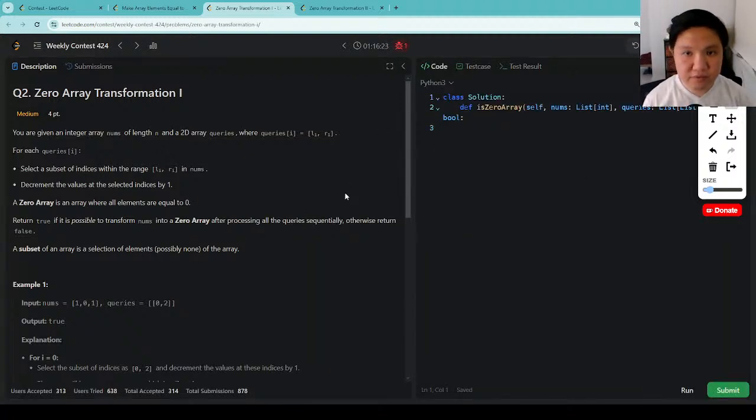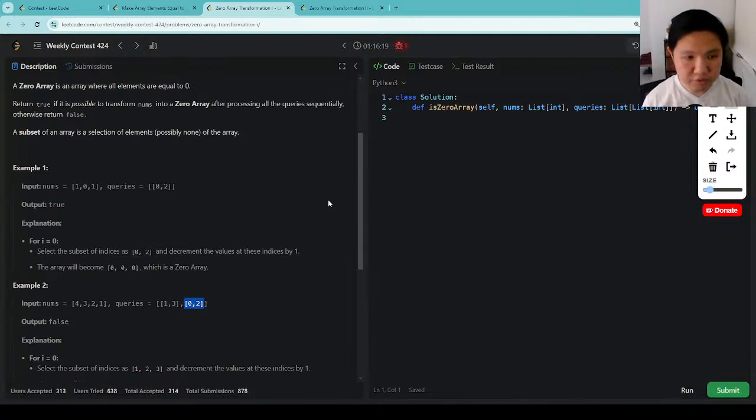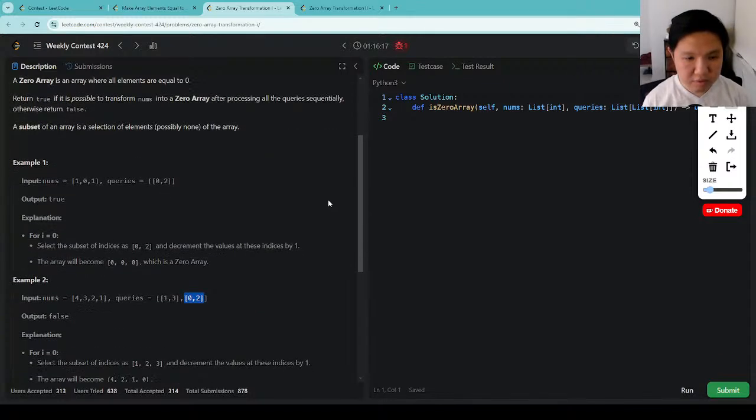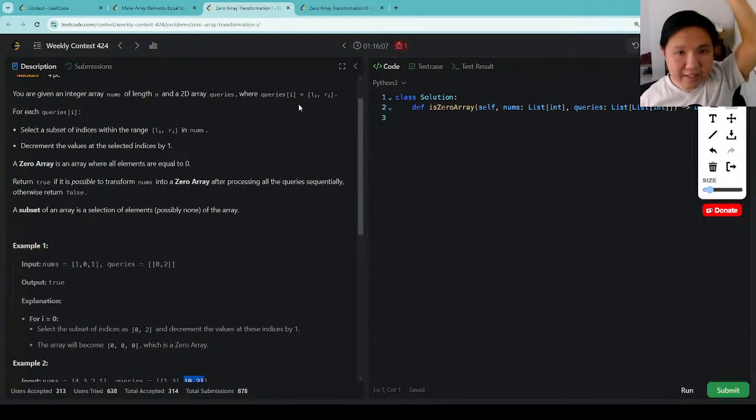Okay, I wonder if I can do it just by brute force. I don't think I can do it just by brute force. So brute force means I literally physically go decrement all the arrays.